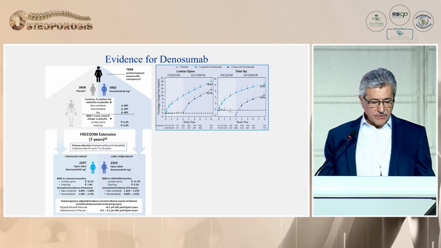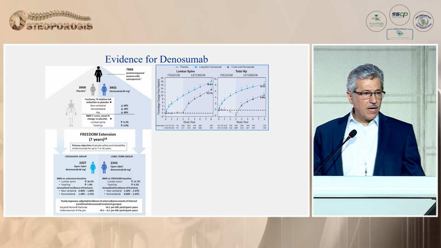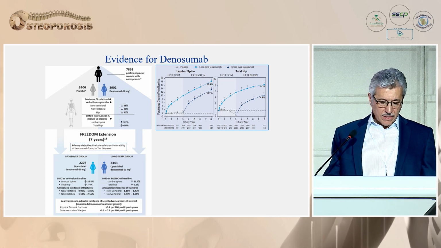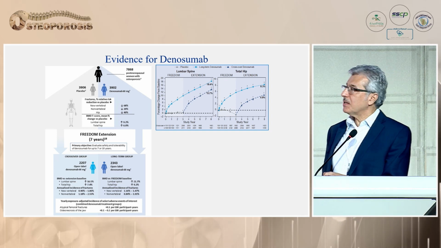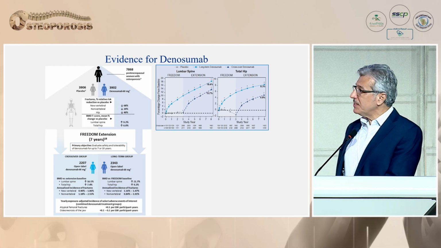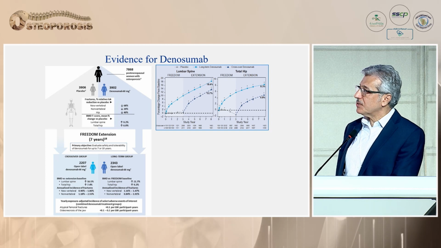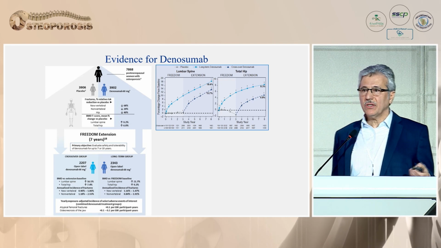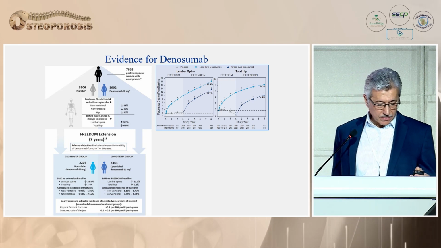Now, another very, very important anti-resorptive medication, and it's really the strongest out of our armory of anti-resorptives, is denosumab, the anti-RANK ligand antibody. The first study was a 3-year study, then it was extended, and now we have almost 12 years or more of experience with this agent.